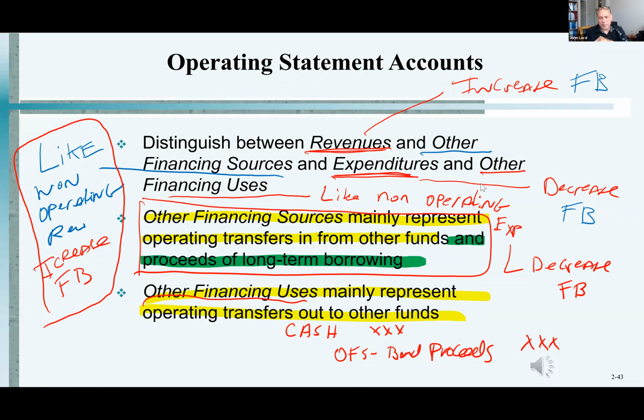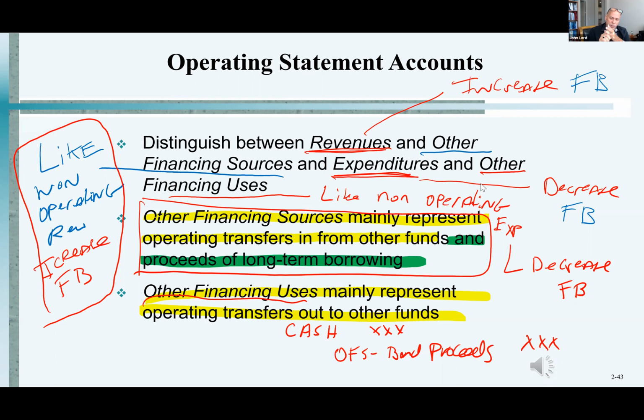The capital project fund, the money's coming in, so it would debit cash when they receive that cash, and credit other financing sources, transfer in.